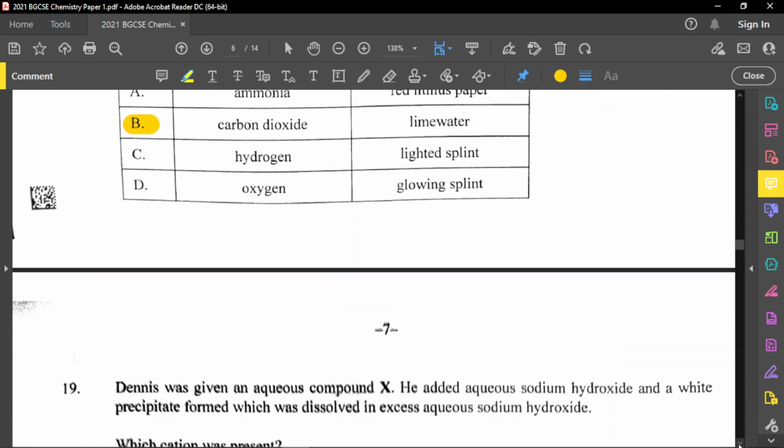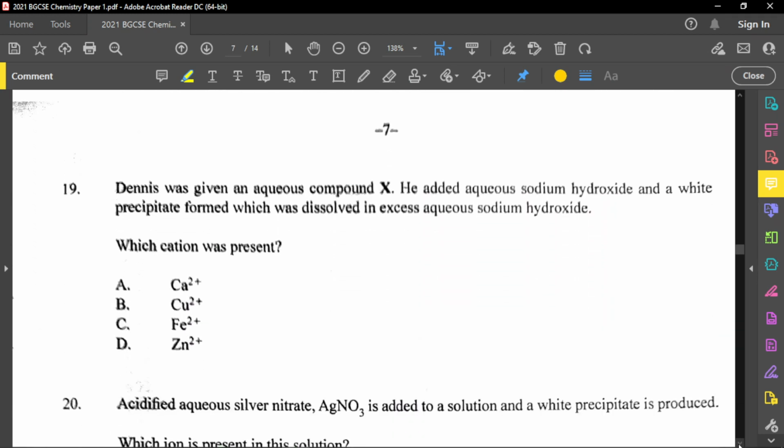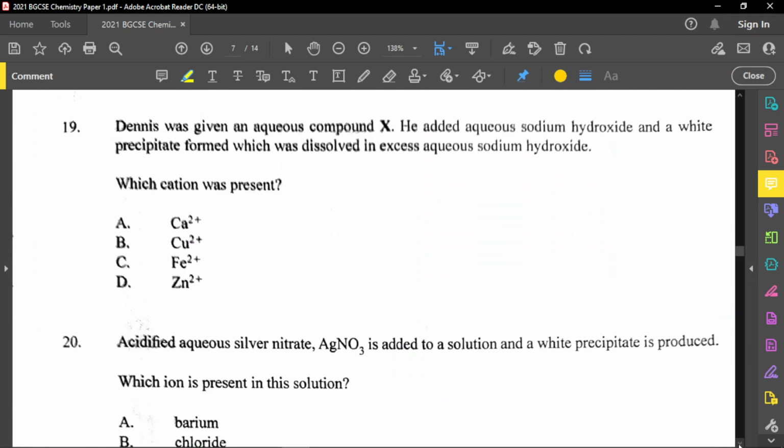All right, so let's go into the next one now. Question number 19. It said Dennis was given an aqueous compound, call it X, and he added aqueous sodium hydroxide to this, and a white precipitate formed, which dissolved in excess aqueous sodium hydroxide. Which cation was present?